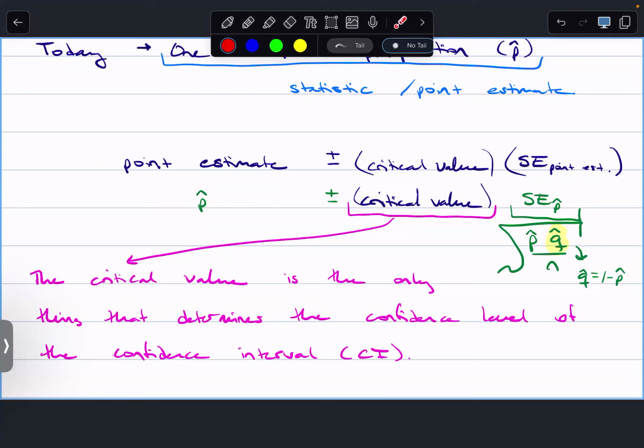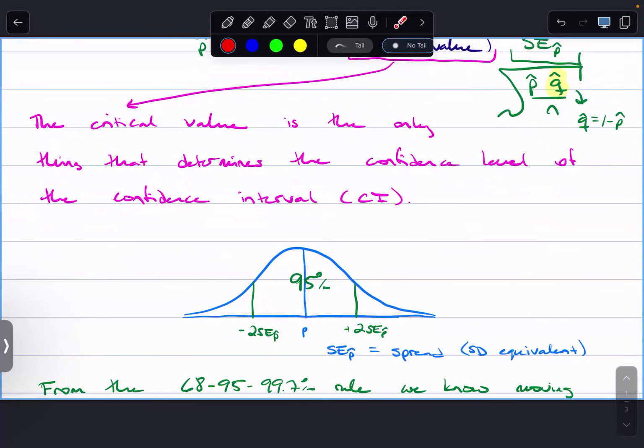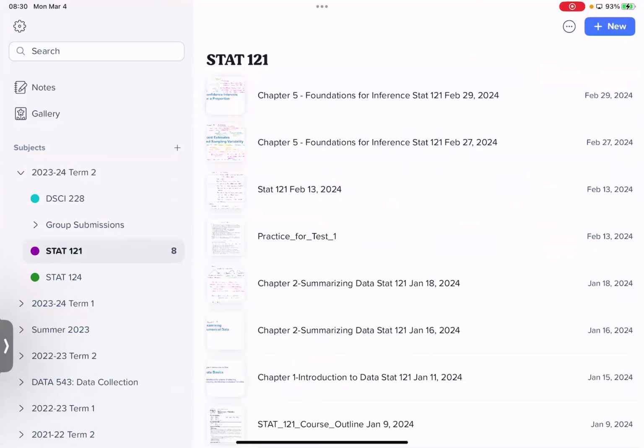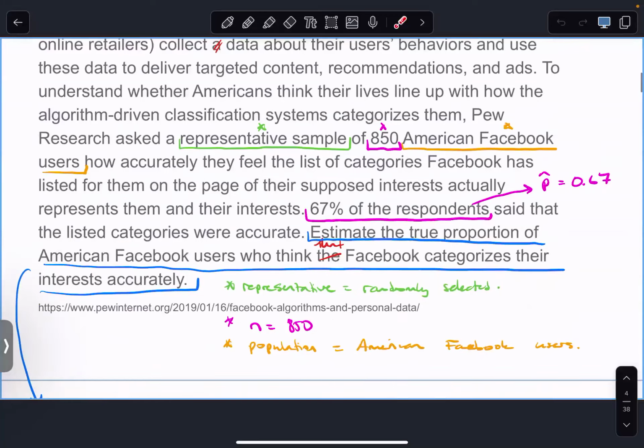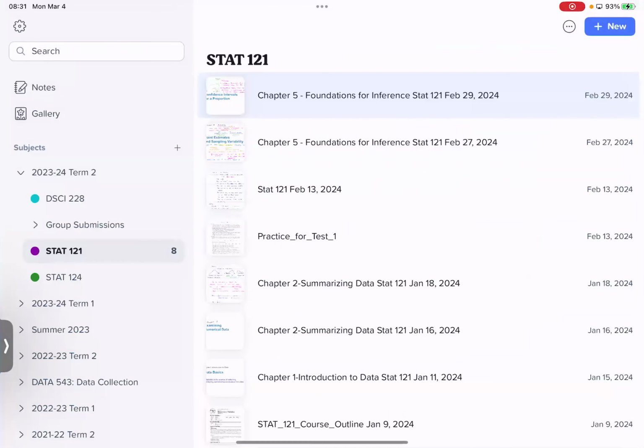Okay, how about an example? Now, the one I wanted to steal from, I'm going to grab from, let's see here. Well, I've written all over that one.